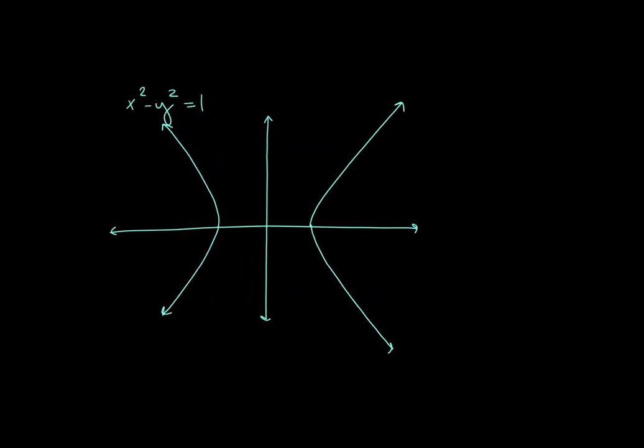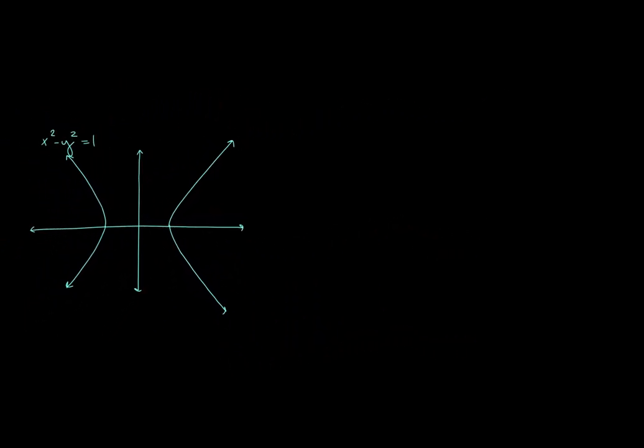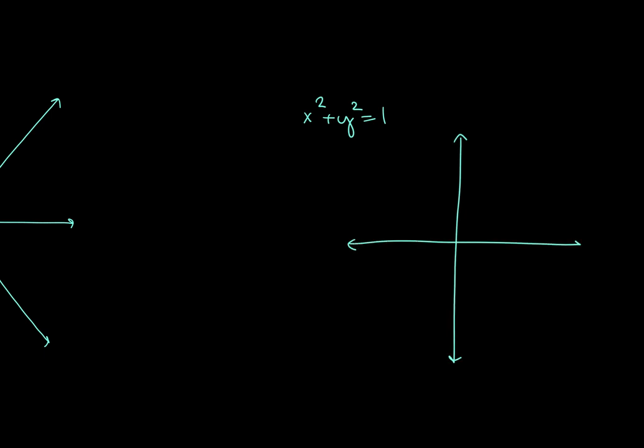Notice that this is similar to the development of the typical trigonometric functions. Those functions look something like this. We have x squared plus y squared is equal to 1. This is called the unit circle. And we have some sort of parameter. Okay, quick sketch.